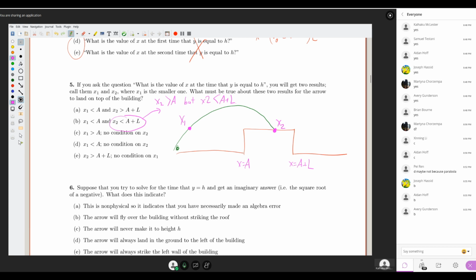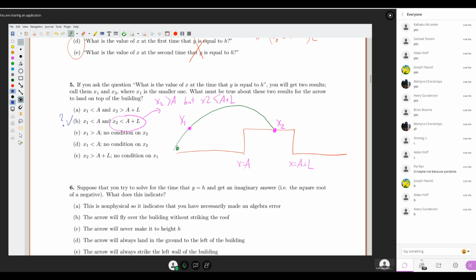I messed up here, but that's the closest to the right answer. If x1 is greater than a, then it's going to hit the left side of the building. If x2 is greater than a plus l, that means it flies over the building. So B is the closest to correct with my mistake.